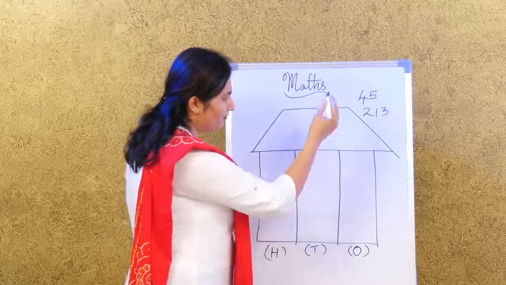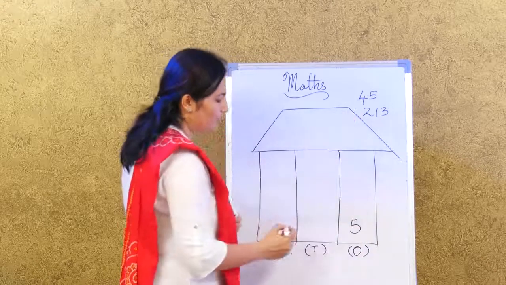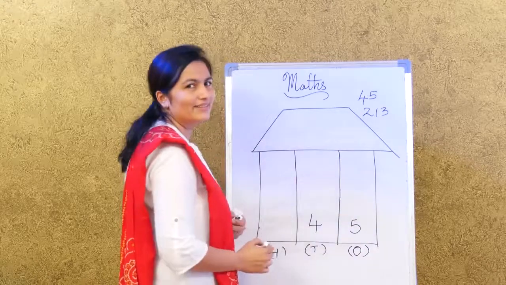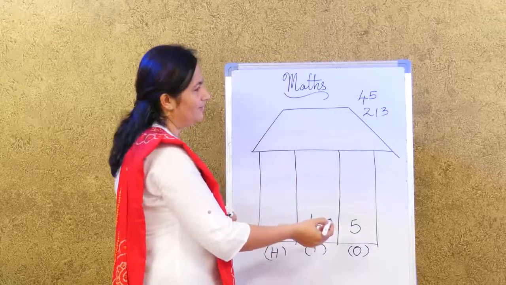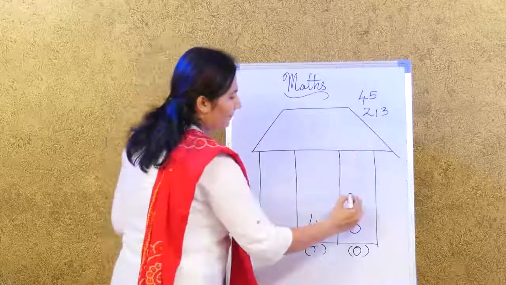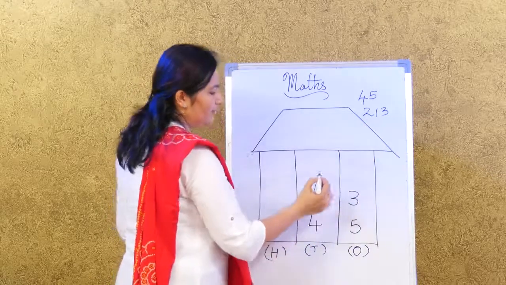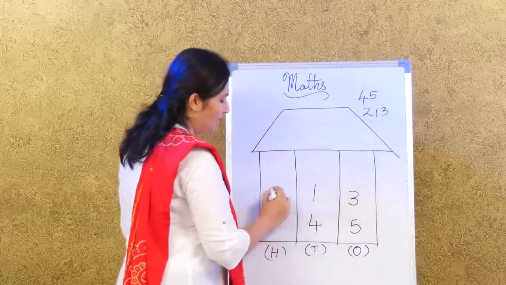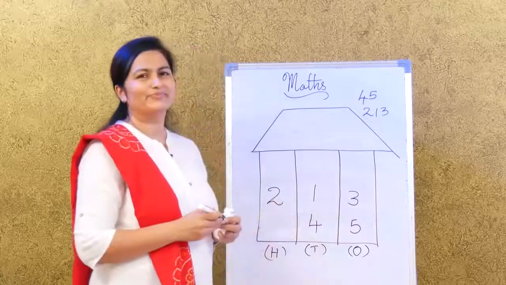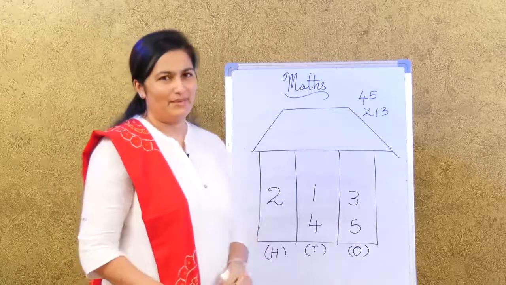So, let us try 5, and then the 4 is in the tens. So, 45. We will learn a little more as we go ahead. Now, 213: the 3 is in the ones room, the 1 is in the tens room and then 2 is in the hundreds room. Alright? So, go ahead and finish those examples.